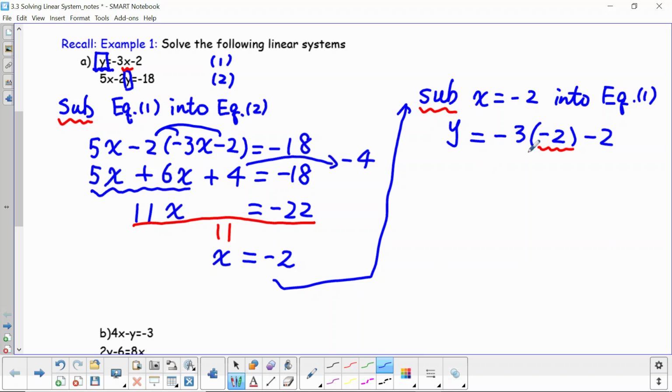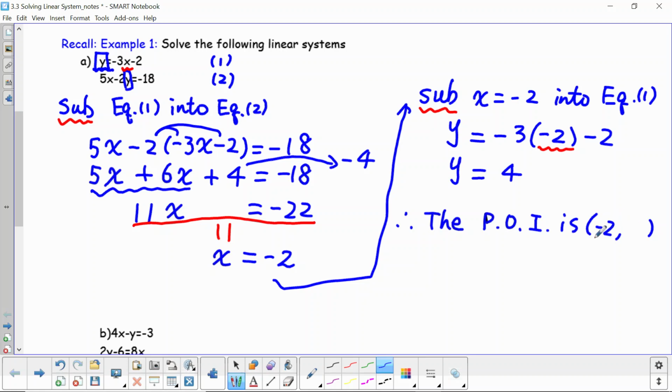Then we do the calculation. Multiplication first: negative 3 times negative 2 gives 6. 6 minus 2 gives 4. Then we write the statement. Therefore, the point of intersection is, x first, y second, in alphabetical order.